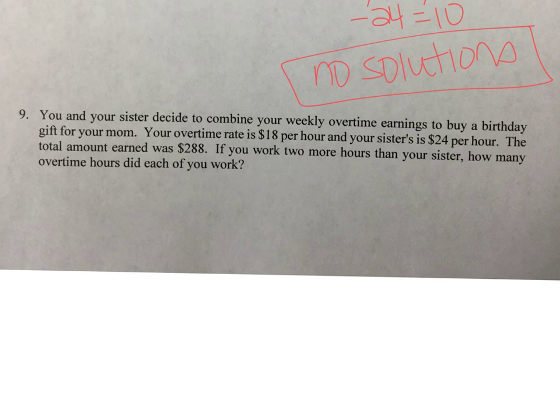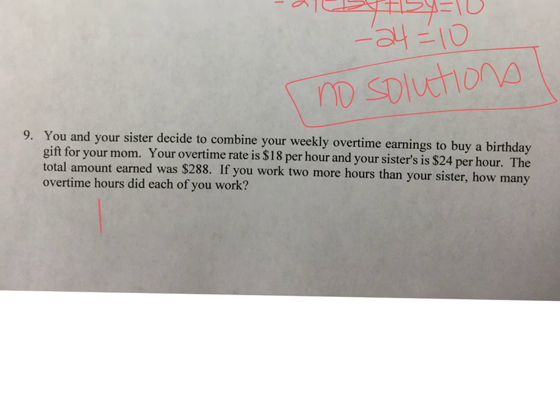So let's call you X. So $18 times X number of hours that you worked plus 24 times Y number of hours that she worked. And together y'all got $288. All right, so let's keep reading. So y'all each work different hours, probably. Okay, let's keep reading and find out.